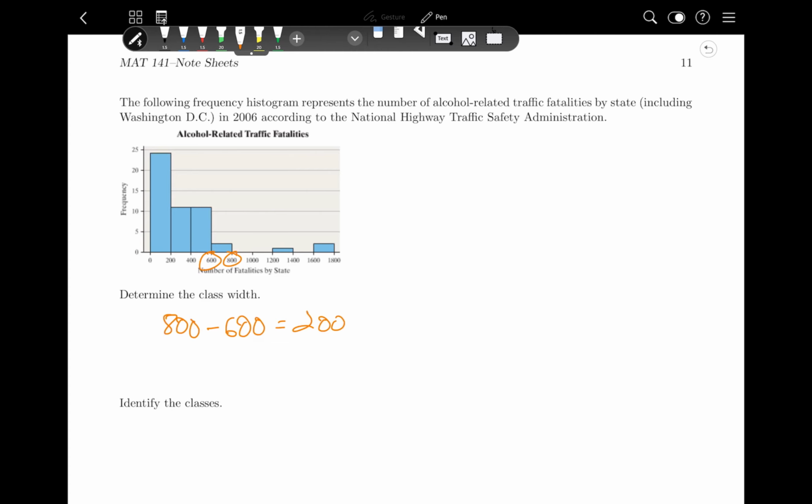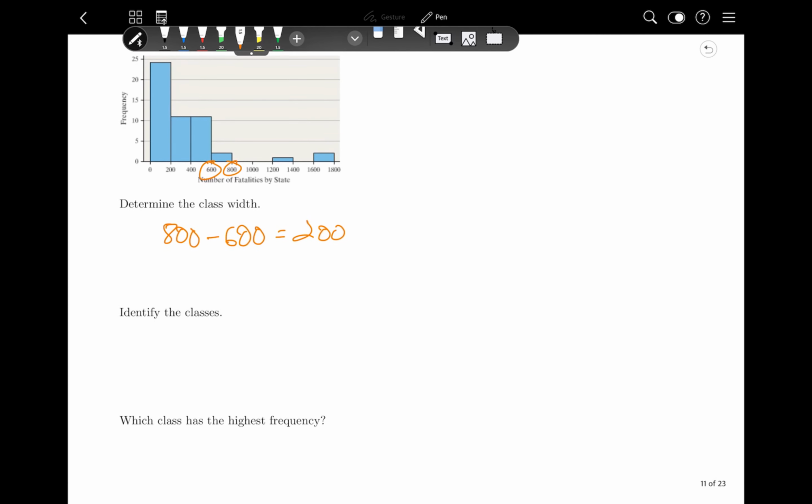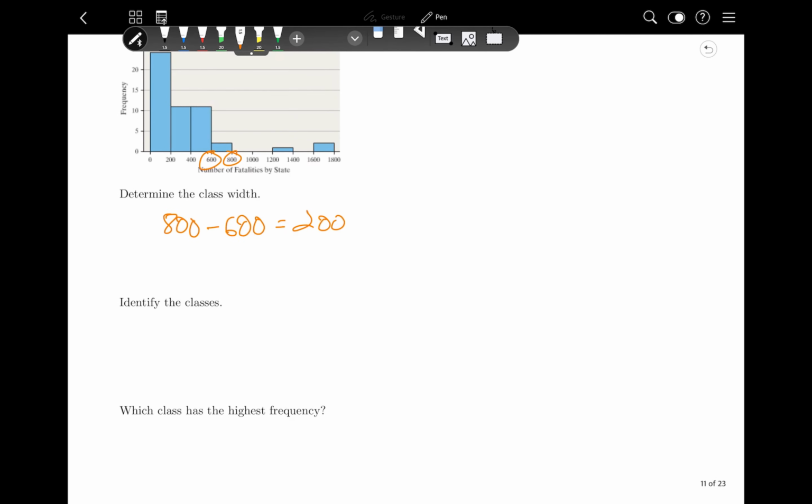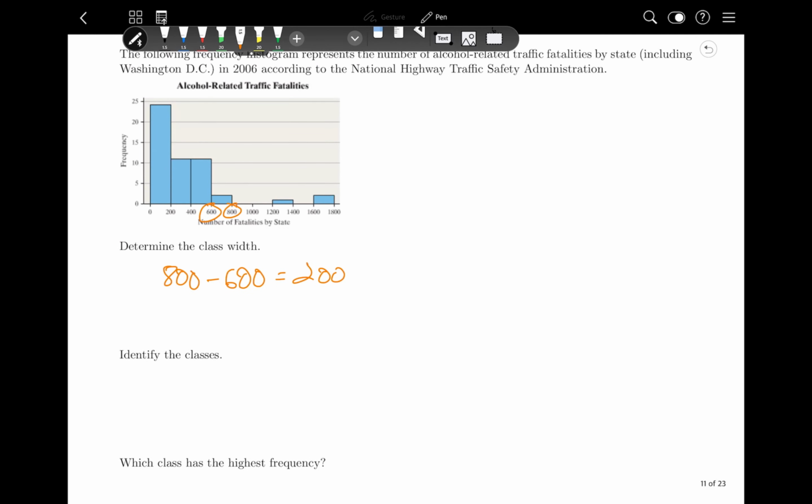Okay. Identify the classes. So the classes start at the lower class limits. In this case, I'm going to write them over here. So that would be 0. Right? These are all the lower class limits. And then the question is, what are the upper class limits?